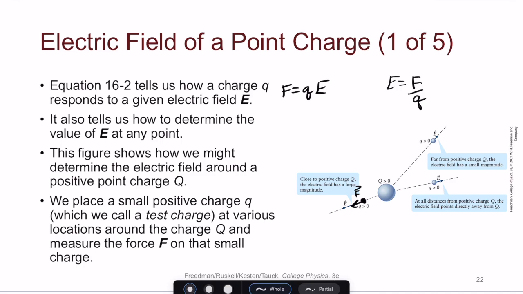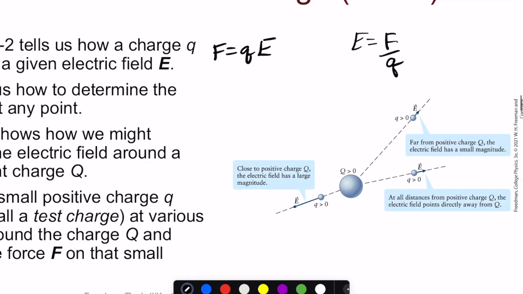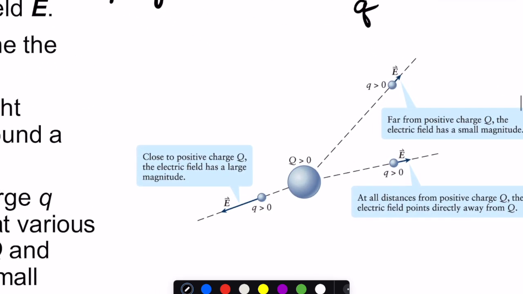If we look at this picture closely, what you can see is that if you're close to big Q, the electric field vector is pretty big. That's the magnitude.